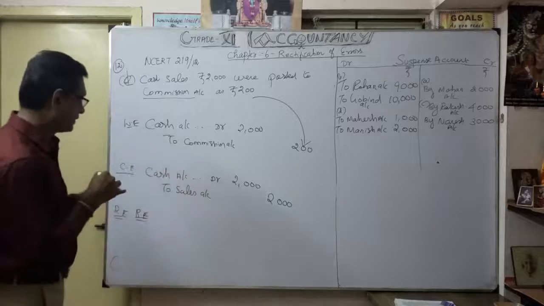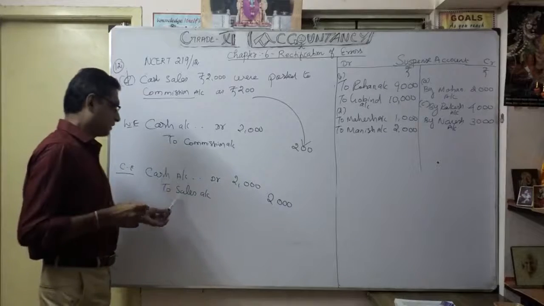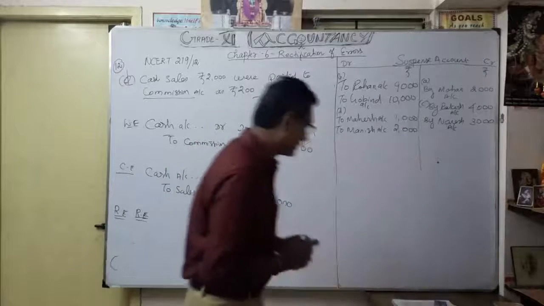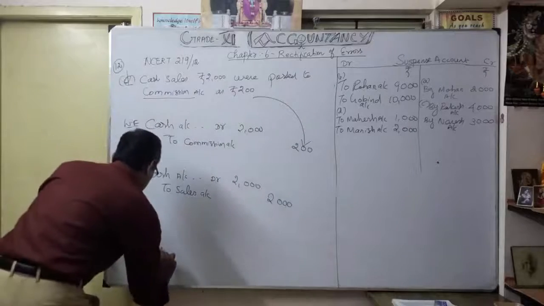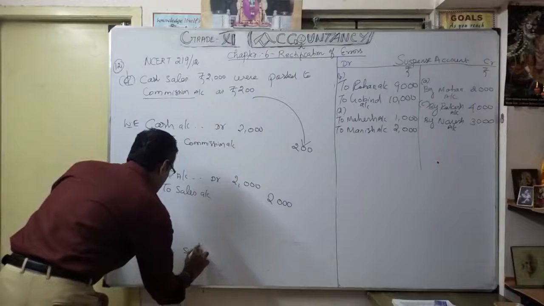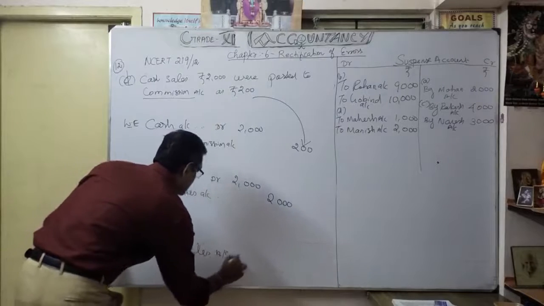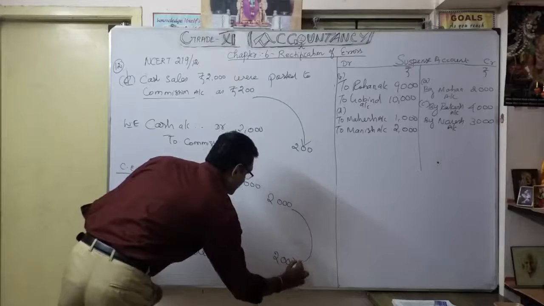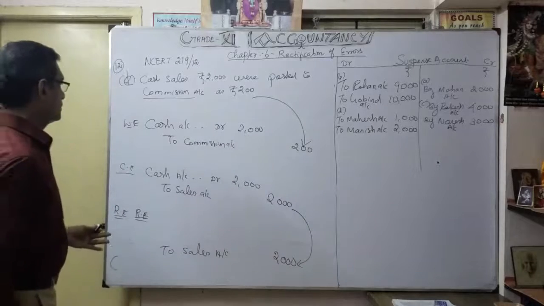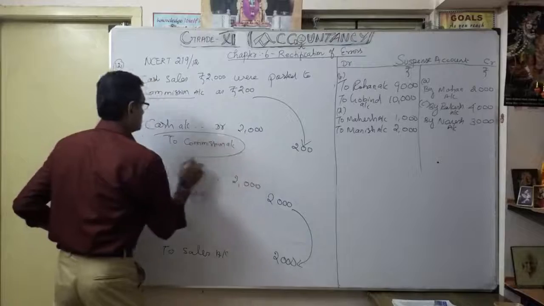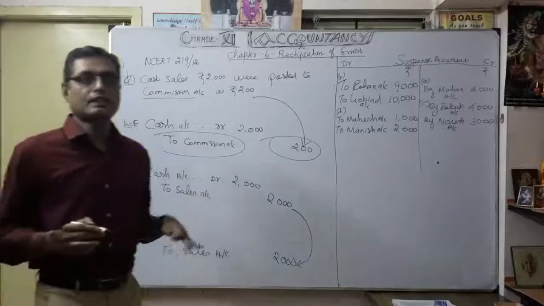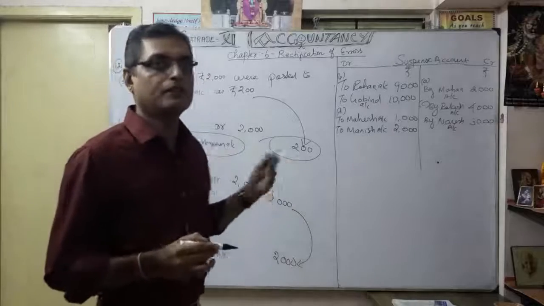As a rectification entry, I know sales is correct. Anyway, I am going to give credit to sales, isn't it? To sales account, how much? Credit 2000. So this part I have done clearly. They wrongly gave commission account, wrongly credited. Now I am going to rectify, so I make it the debit side.